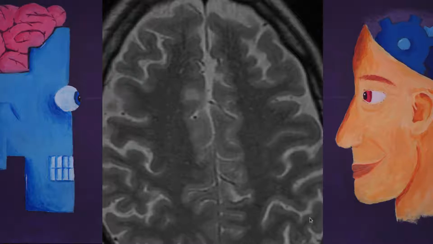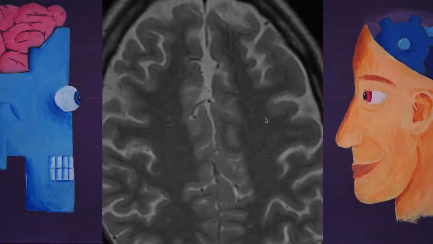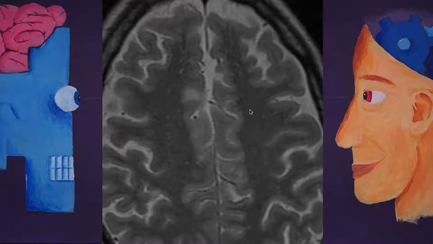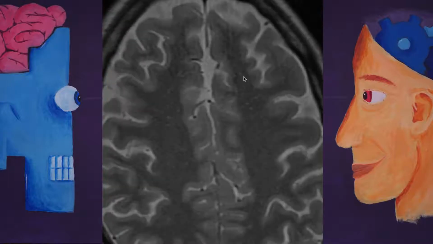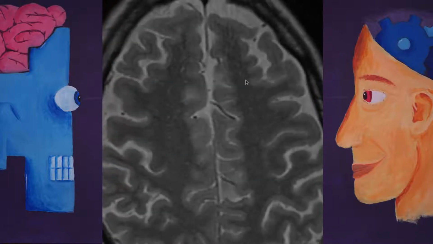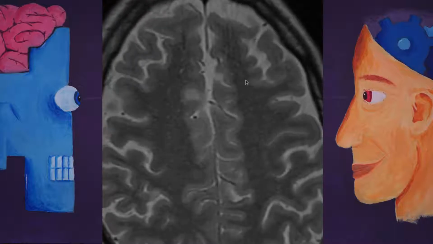The other side is the same thing. Here I see one, here a smaller one. So it would be 1, 2, 3, 4, 5, 6, 7. And that's basically it. But there are also these perivascular spaces that are quite small, so I could aggregate those more and say 6.